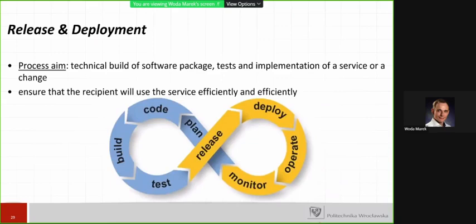Okay, many organizations are partially a software house, or they are developing software for customers or for their own purposes, rather than buying from commercial vendors. They are dealing with the release and deployment process.